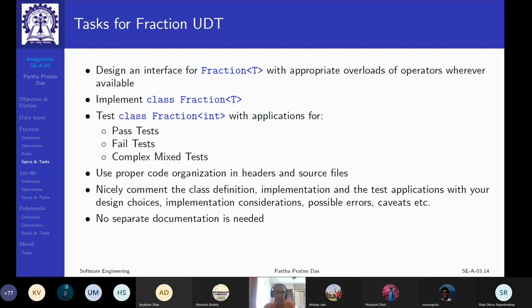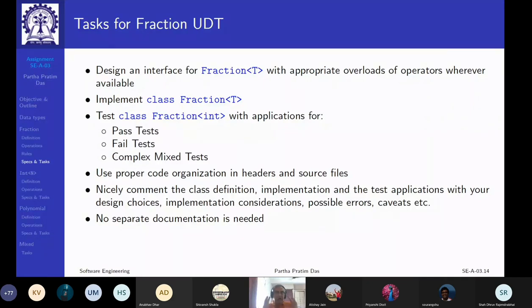Then the implementation, which is actually writing the code for the member functions, static member functions, friend functions, and so on. And once this is ready, I have to see that this actually behaves like an integer.